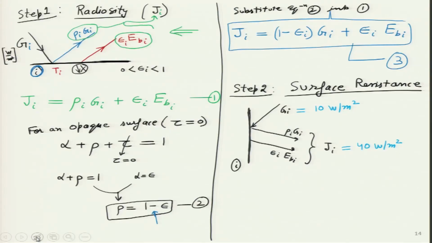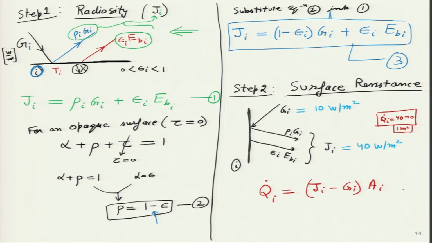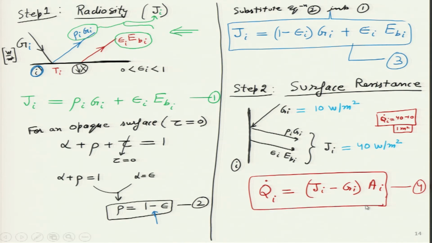So, this relationship which I have just put in terms of numbers, now I can write in terms of rate of heat transfer which is leaving the surface I, which I am defining as Q I. In my numerical example, Q I is essentially 40 minus 10, and I can write it in expression form as J I minus G I into A I, because over here I had assumed that the area is 1 meter square. In reality, it need not be 1, it can be any general number. So, this is another general equation, which I am going to put as number 4.